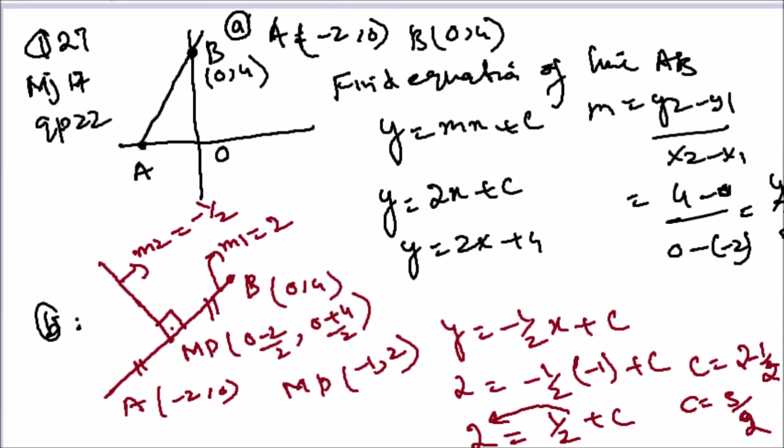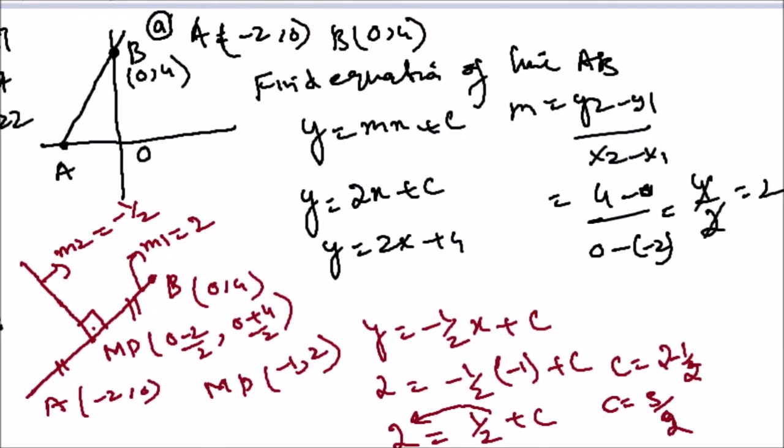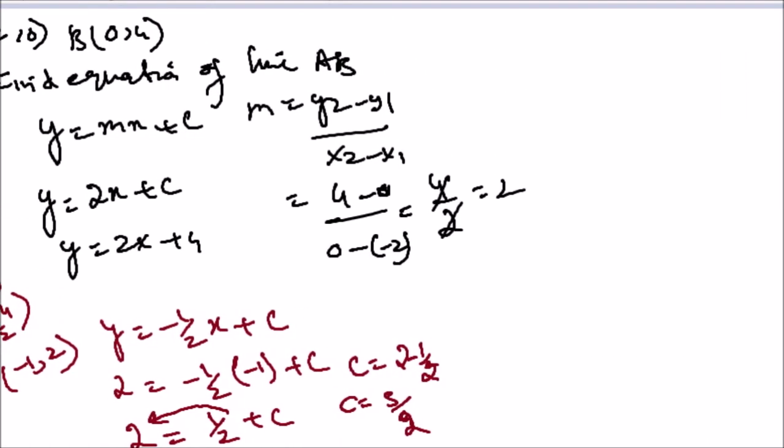Now the equation becomes y is equal to -1 over 2 x plus c. So -1 over 2 x plus 3 over 2 is the required equation.